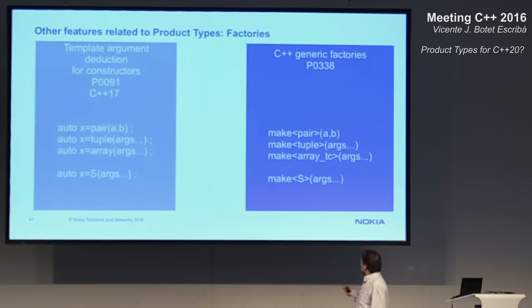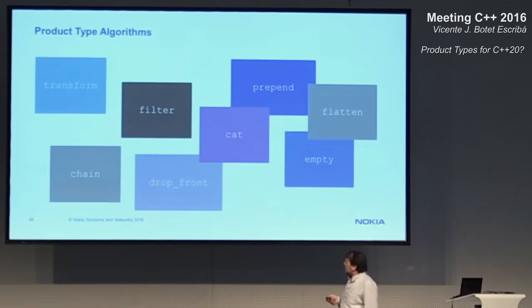For that, we have a make function that takes as parameter either a template, or a type, or a type constructor. Once we have this possibility to construct product types, we are able to do a lot of things like that.